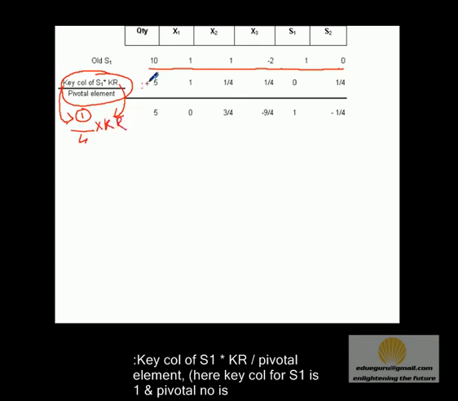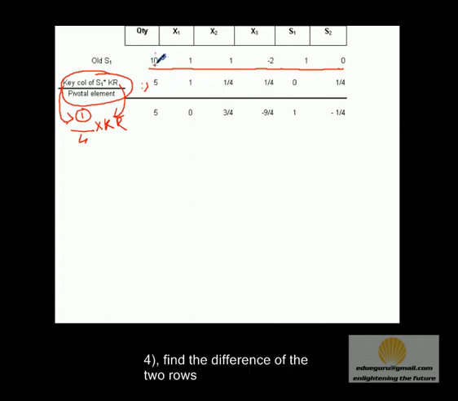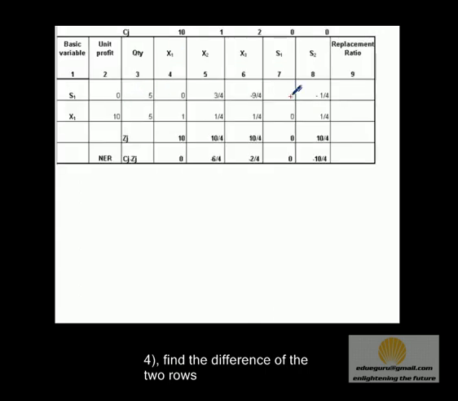This gives these numbers, and the difference of these two will give us our new numbers for S1. So just insert the numbers against S1. Now Zj is 10 into 1, 10, 10 into 1 by 4, 10 by 4, and similarly all this. Now we have new ratios.